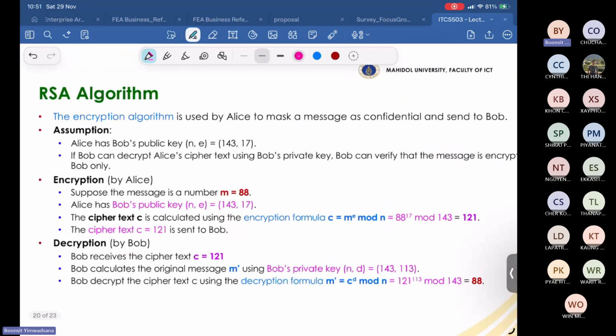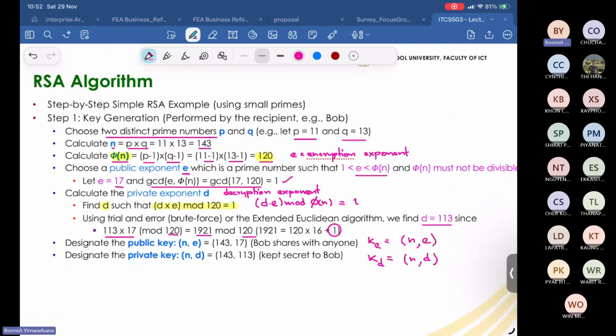So assume that we have the keys already. The first key is N, which is 143. So we send 143 with the number 17 to Bob, who sent this. The first key is always referred to as the public key, because Bob can share this key with anyone in this world. Oh, it is not secure, isn't it right? You're not supposed to share the key. The answer is yes, you're not supposed to share the key.